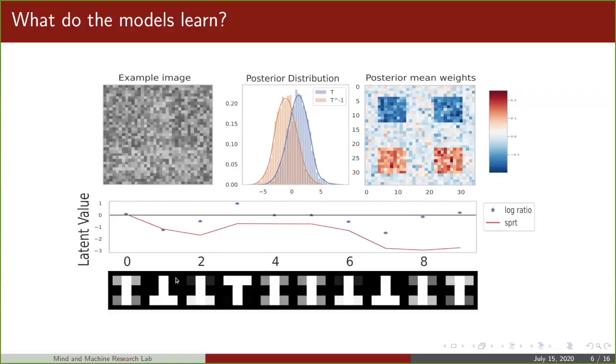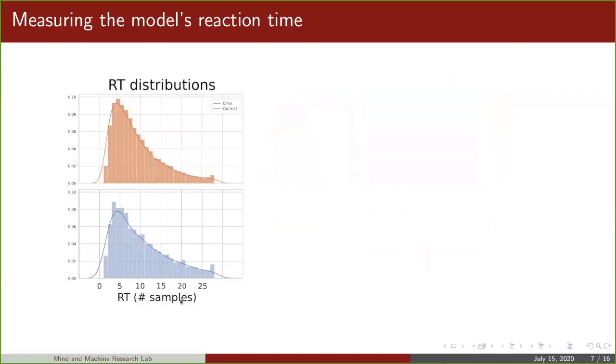We can also see what the model believes each of these samples are. For example, this one here is really close to the boundary, and it's a very ambiguous T. It has both arms. However, these ones over here are clearer. They're far away, and the model is pretty confident that this is an upside down T. Okay, so the model seems to be doing something sensible.